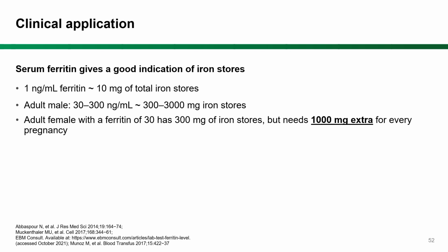Note that an adult female with a ferritin of 30 only has 300 milligrams of iron stores available, but needs 1,000 milligrams extra for every pregnancy.